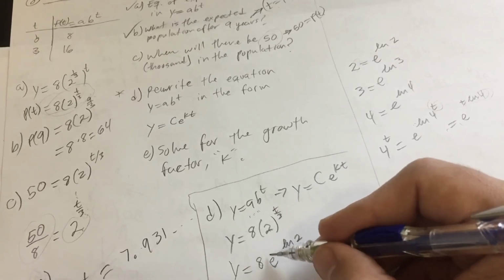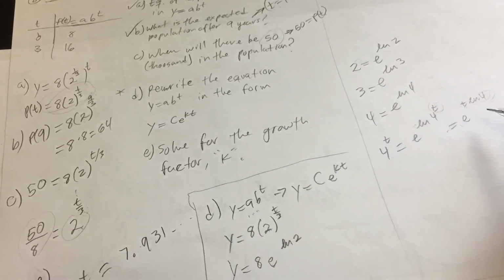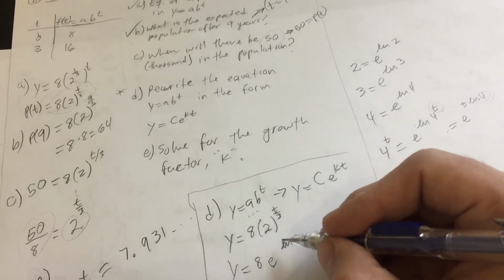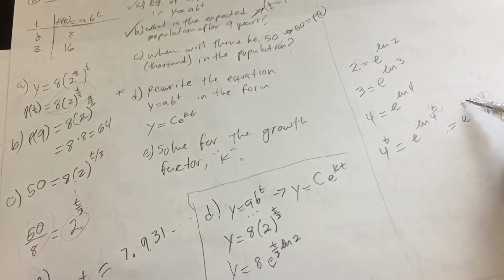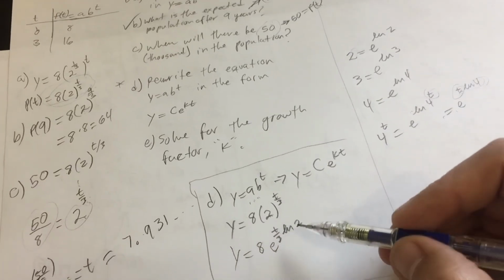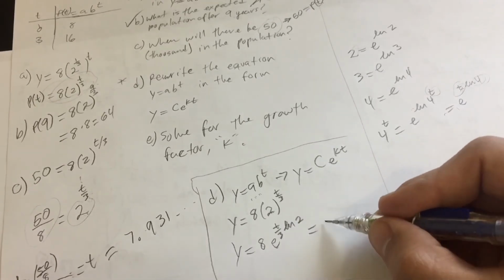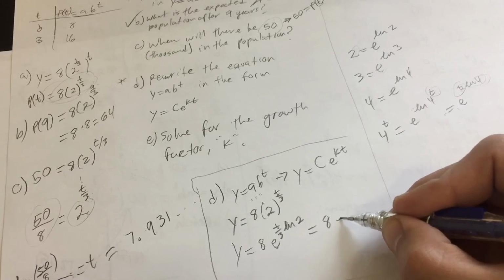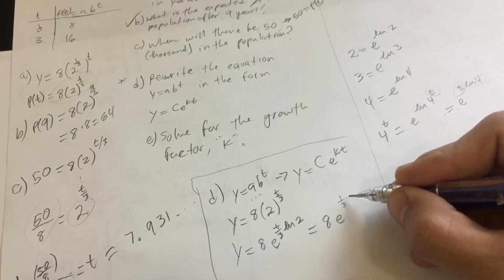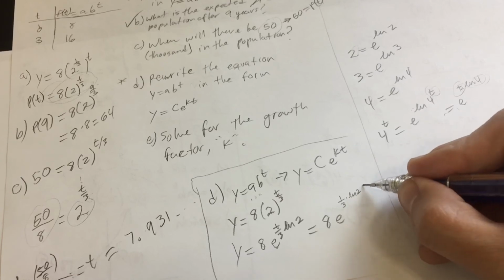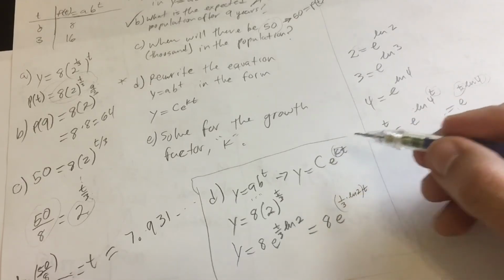This is 8 times 2. However, we want to use this idea of that being the exponent. Therefore, the exponent is t over 3. As we did here, the exponent was t. Here, the exponent is going to be t over 3, which a lot of books will write as 8 times e to the 1/3 times ln 2 times t.